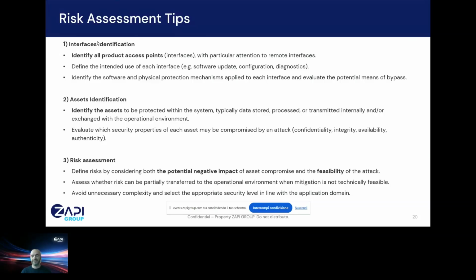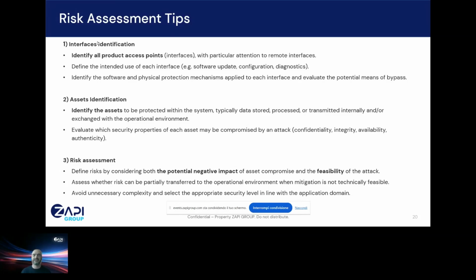And when the access points are defined, it is better to classify what the intended use of these interfaces is, understanding if they are used, for example, for communication, for software update, or configuration of the product or component, and so on.